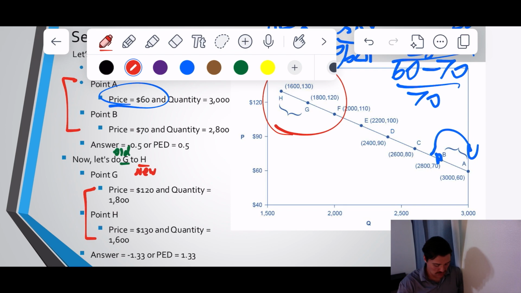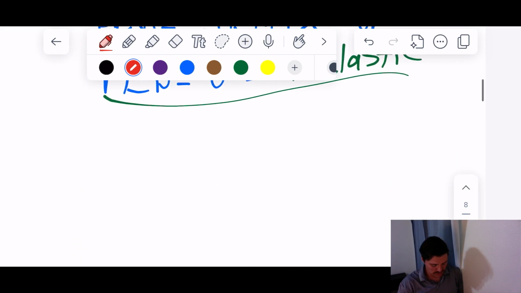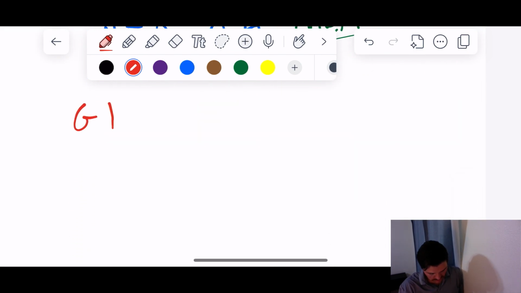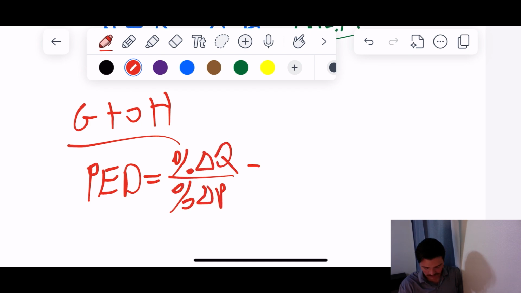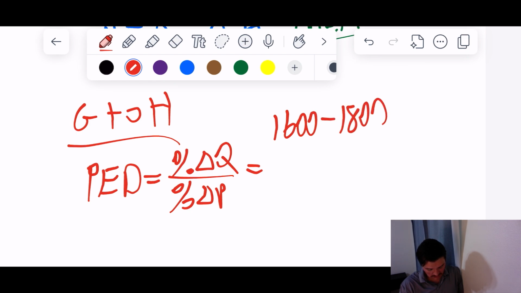So here are those numbers for G to H for the price elasticity of demand. The new is H, which is a quantity of 1600, minus the old, 1800, divided by 1800.